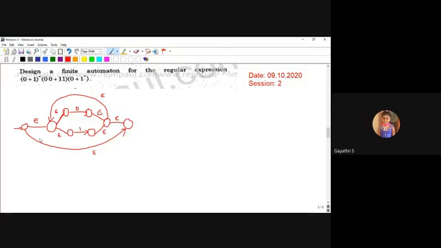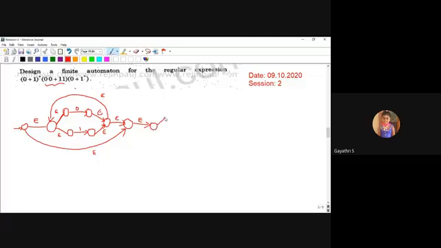Next, concatenation with 00+11. Again I will add one epsilon for the concatenation. This is in the order 00+11. I will consider A equal to 00 and B equal to 11, so A+B is in union format.